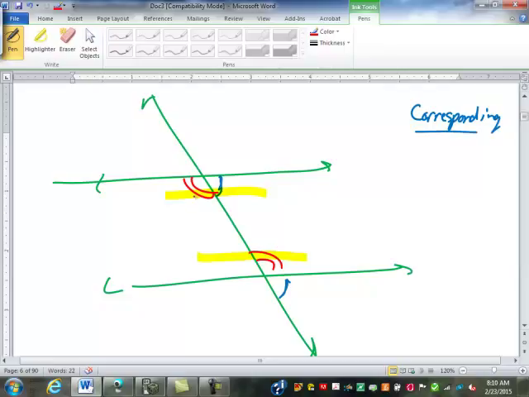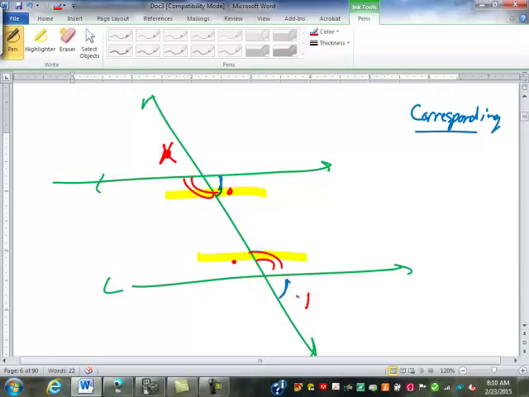Of course, what would be the relationship between these alternate interior angles? They would be equal. Of course, this angle here and this one here would also be a set of alternate interior angles. Since we use the word alternate, we could have exterior angles, which obviously are outside the parallel lines. What would be the alternate exterior angle to this one here?